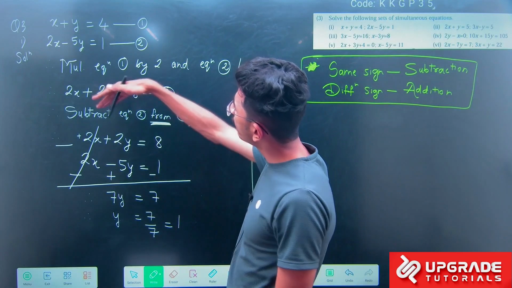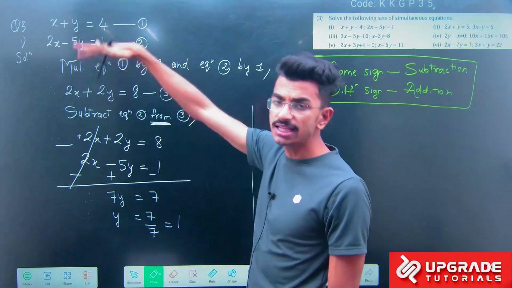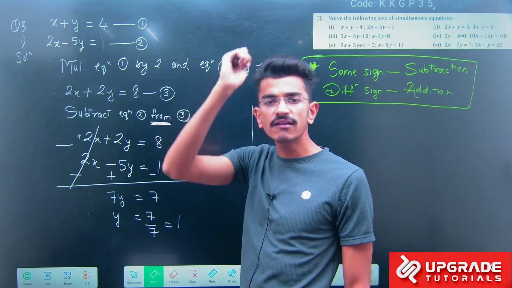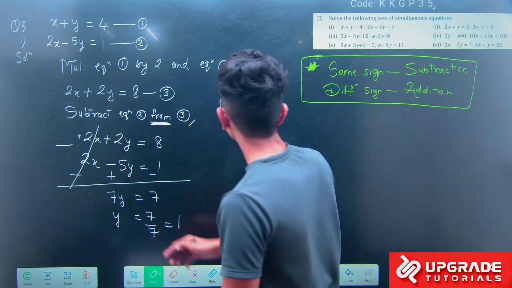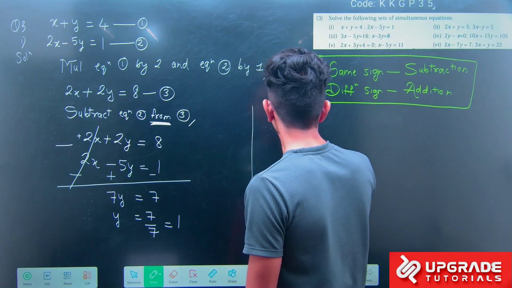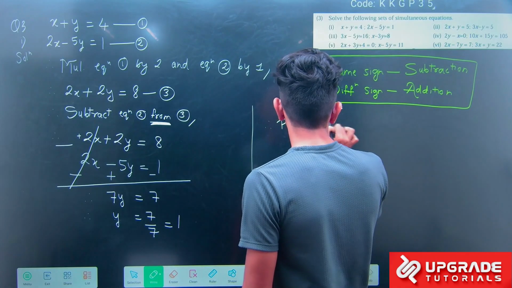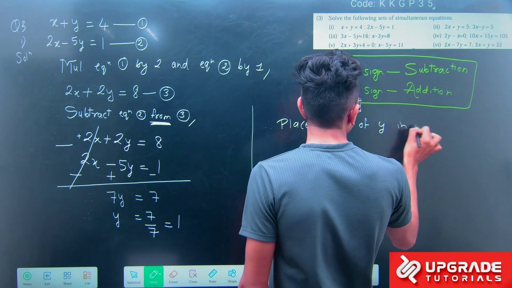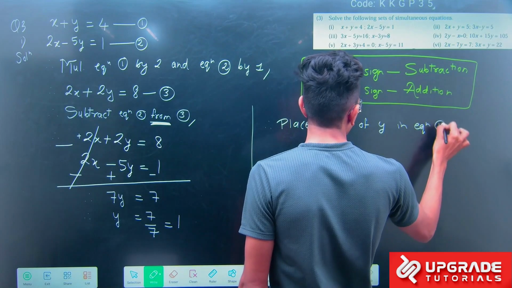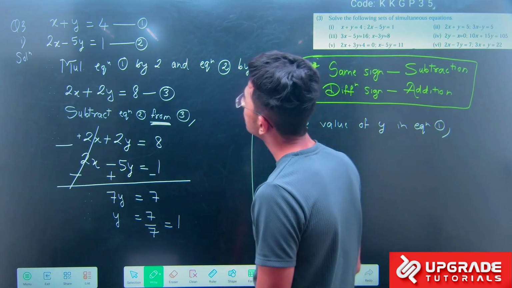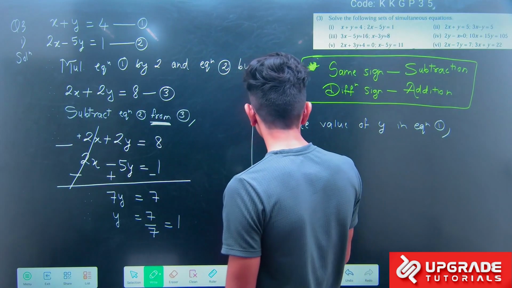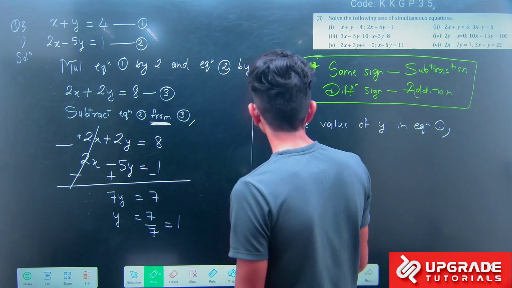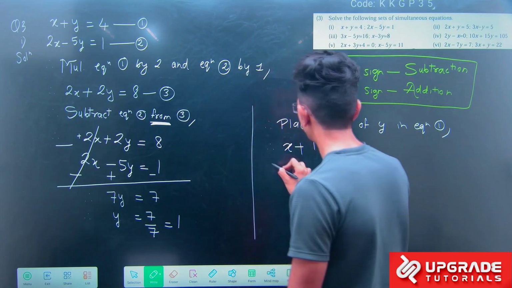Place this value of y in any of the three equations. कौन से भी इक्वेशन में डालो आपकी वैल्यू सही आएगी. I'll place it in equation number 1. Therefore, place the value of y in equation number 1. So x की वैल्यू we don't know, y की वैल्यू is 1, is equal to 4.